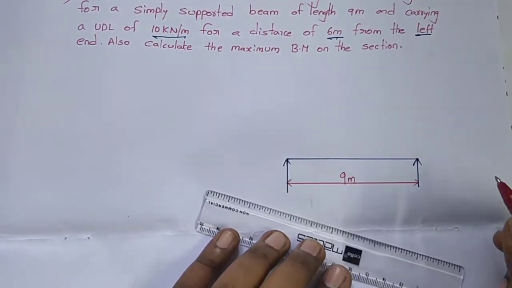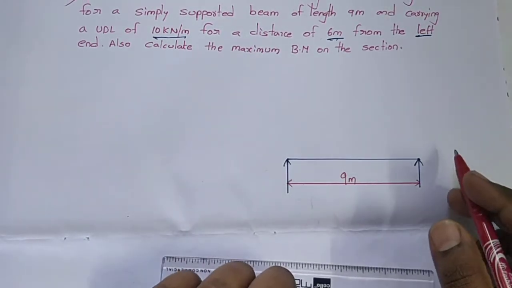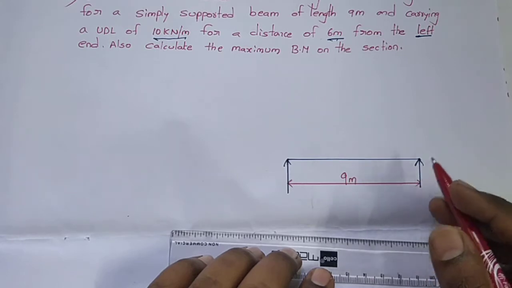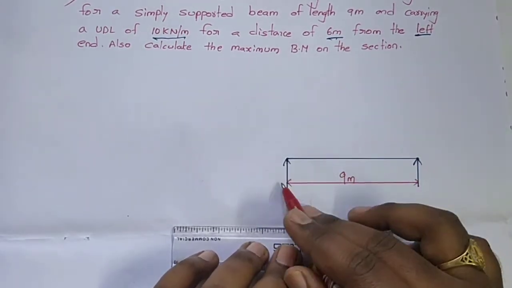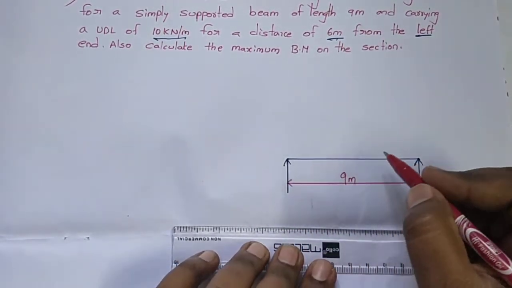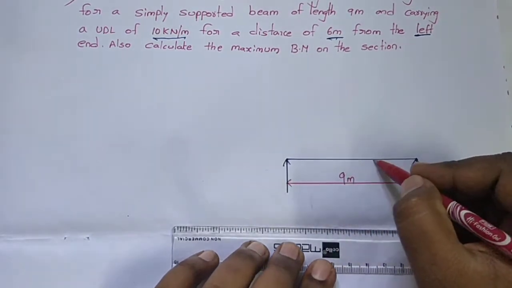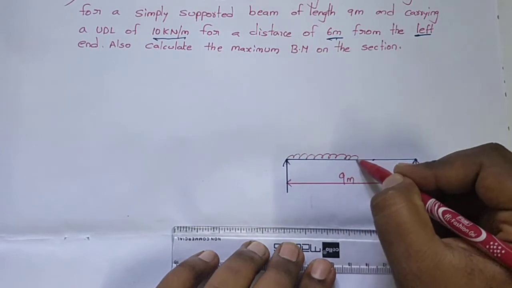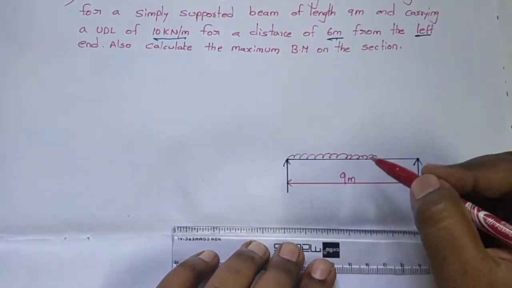Next, the UDL is applying 6 meters from the left end. Suppose we consider this point as 6 meters from the left end. It is the UDL, that means uniformly distributed load.